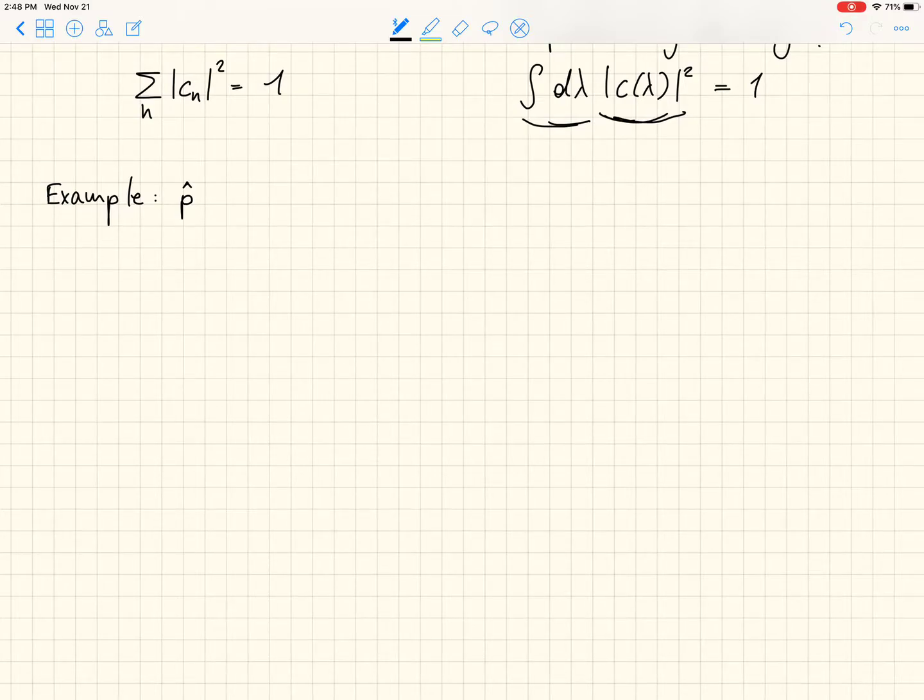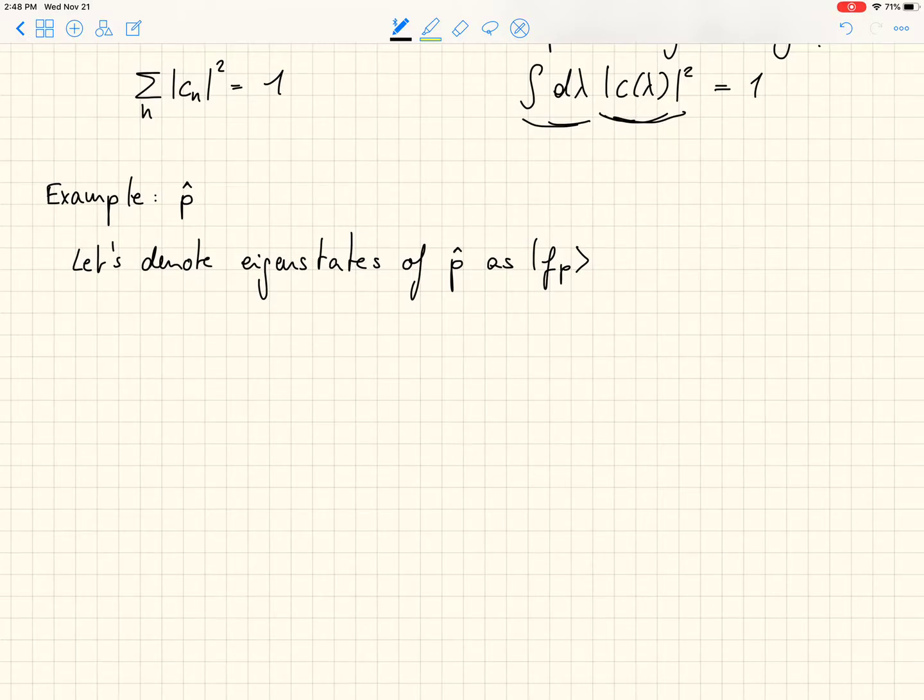We'll introduce some notation. Let's denote the eigenstates of P as Fp.